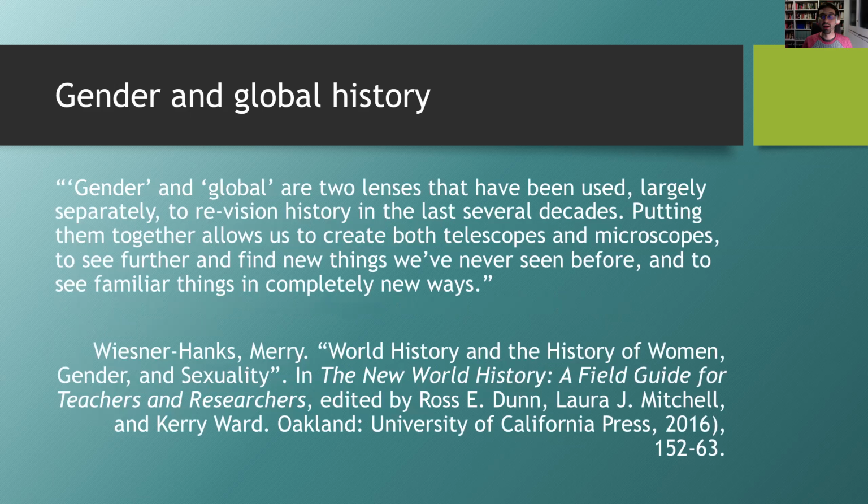Now, and here I borrow from Mary Weisner Hanks, who's a leading historian of global history, gender and global history are two lenses that have been used largely separately to revision history in the last several decades, and putting them together allows us to create both telescopes and microscopes to see further and find new things we've never seen before, and to see familiar things in completely new ways.